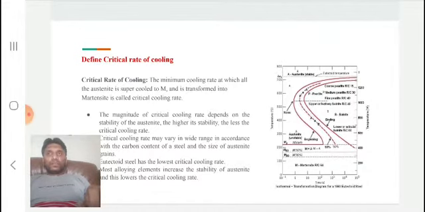heating the steel to the upper critical temperature, that is the A3 line or ACM line. In hypereutectoid steels it is the ACM line.